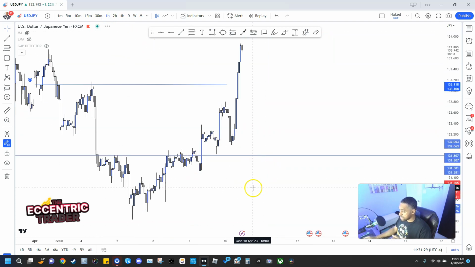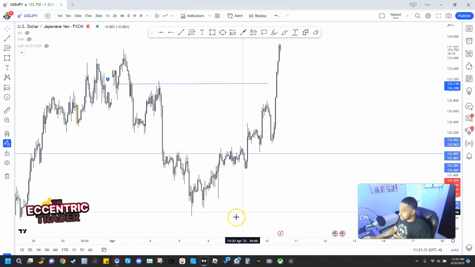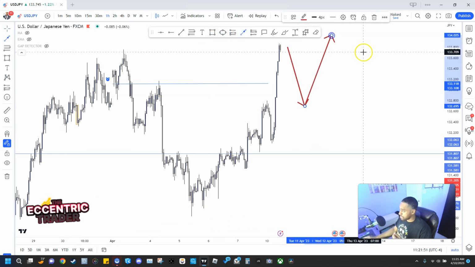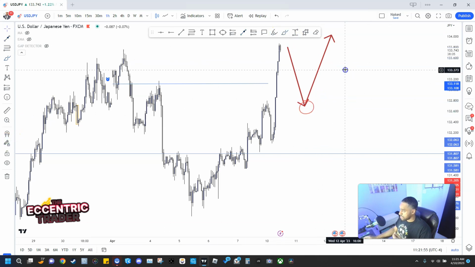But on H1, you can see that this is a high right here, and that it was broken. And you would wait for price to come down right here, test newfound support, and your first buying opportunity would be at that level of support right there. So yeah, this would be your first buying opportunity.